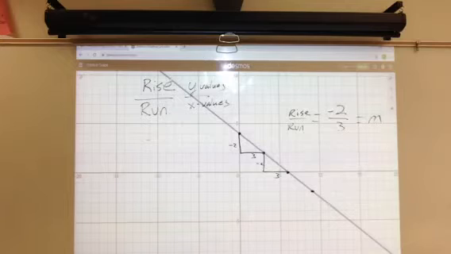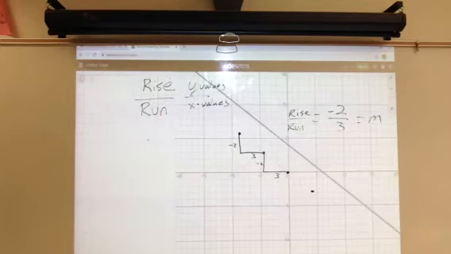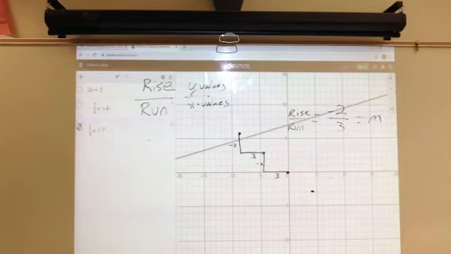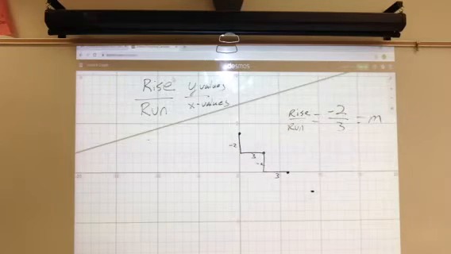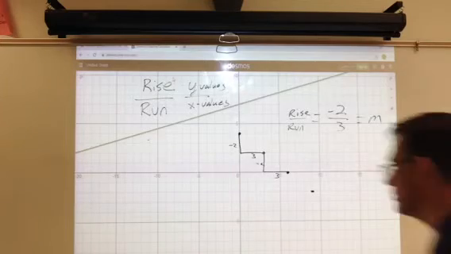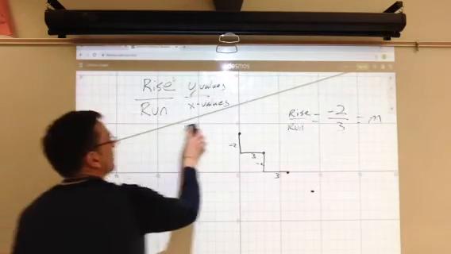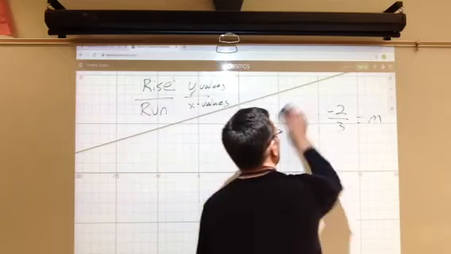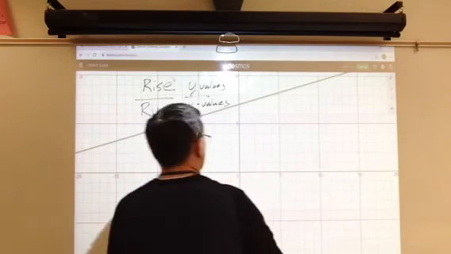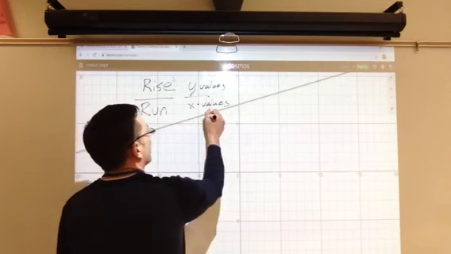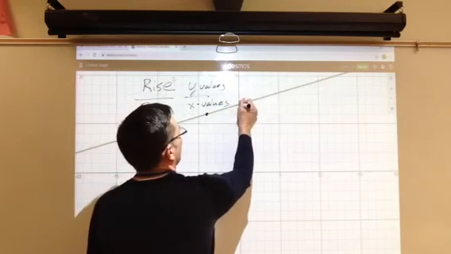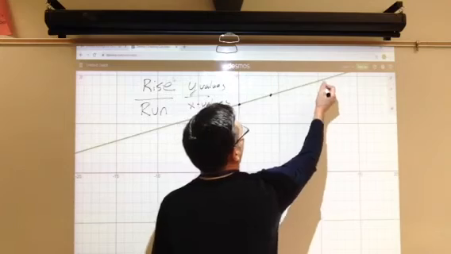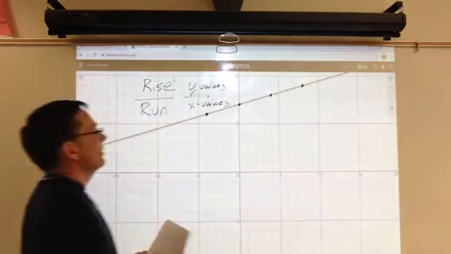The next graph we have looks like this. So on your paper, start trying to find where this line is crossing these grid lines. So I see there's a point, there's a point, there's a point, and so forth.